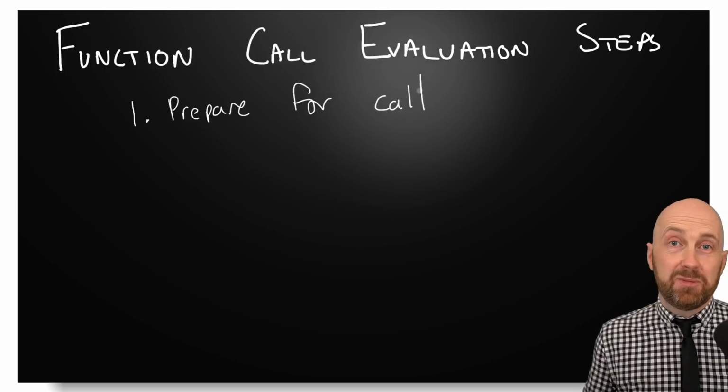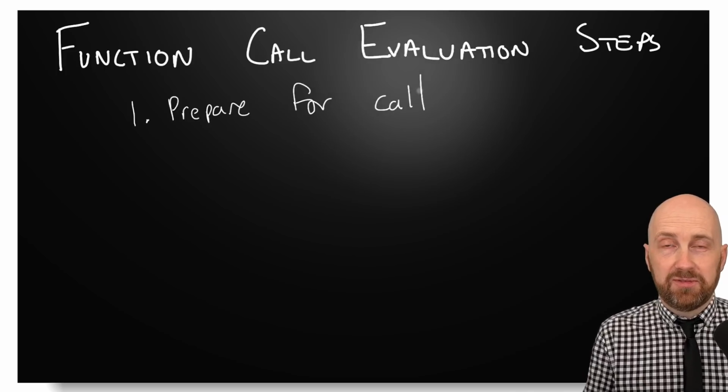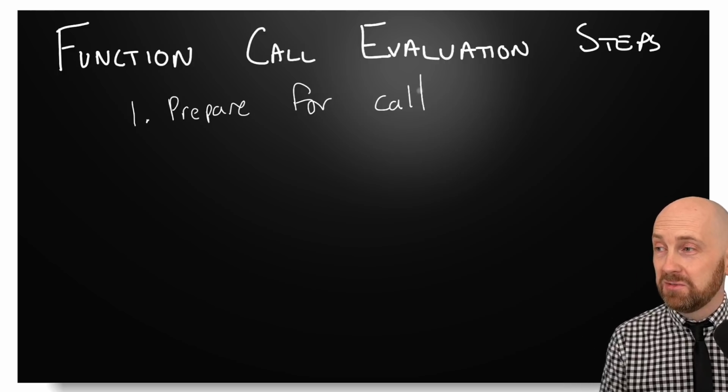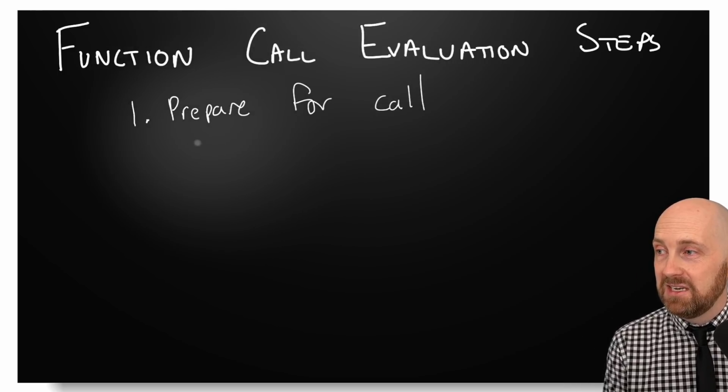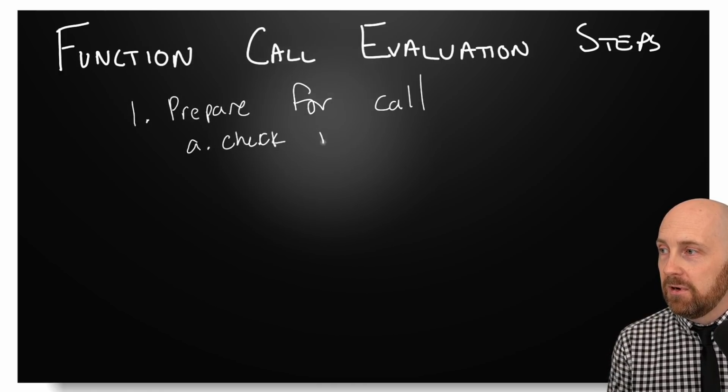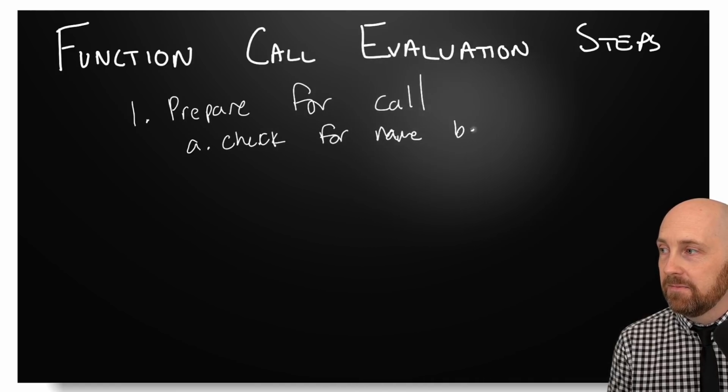Before we jump into that other function and do the steps of its body, we need to prepare for it. And the first thing we're going to do is what we just did. Does the name even exist? So check for name being defined.